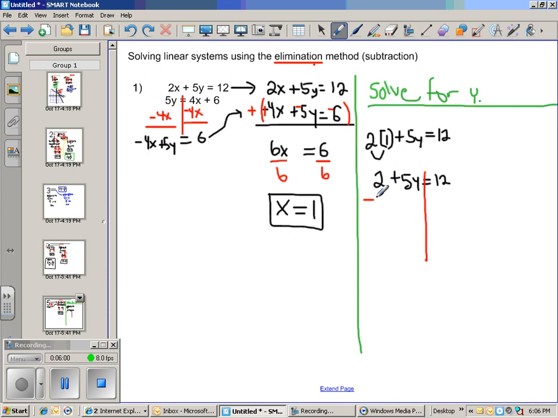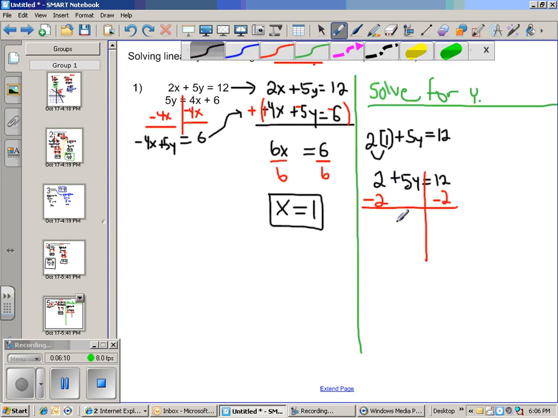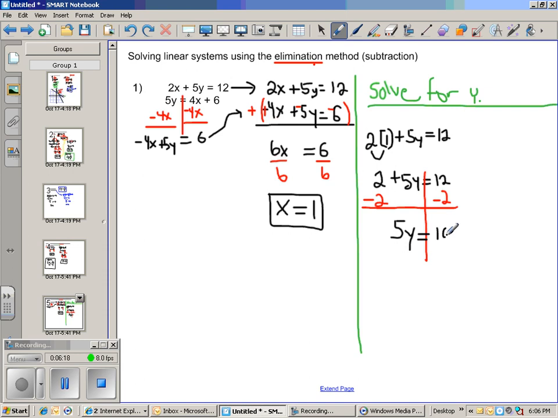We're going to subtract 2 from both sides. So the 2's will cancel out. We get 5y left over. And 12 minus 2 is 10.